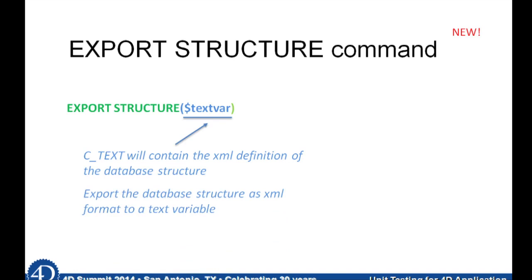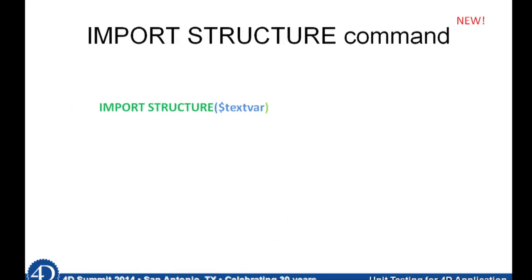What it's going to do is populate this variable with the database structure definition in XML format. So that was already in 4D. I believe you could do it through file export, but now you can do it using a command. Okay, you can analyze the XML file, do some comparisons and stuff like that.